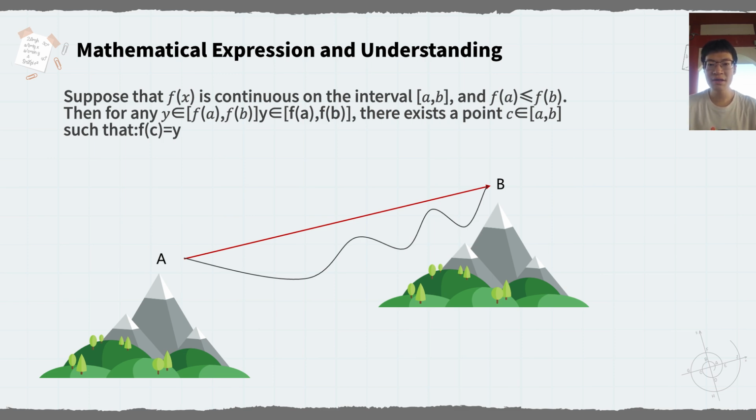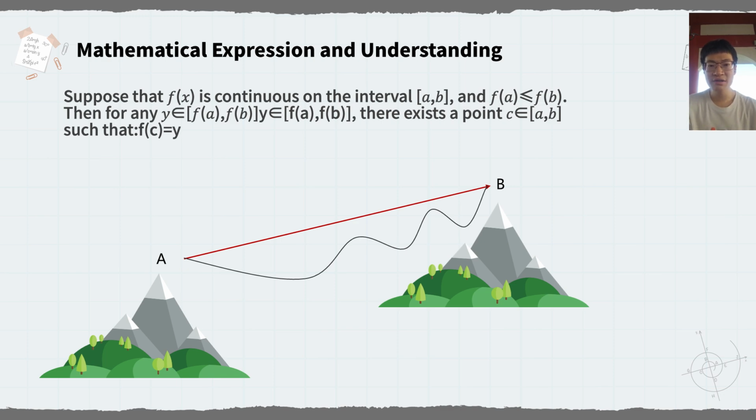So to help you better understand the intermediate value theorem, let's use a real-life example. Imagine you are climbing a mountain from peak A to peak B. Along the way, your height changes continuously.